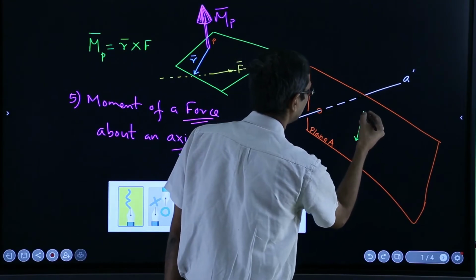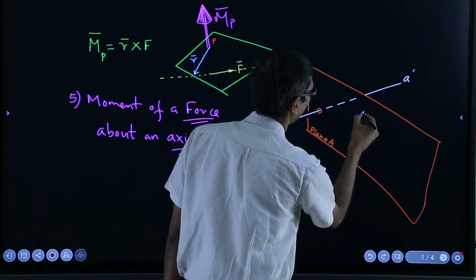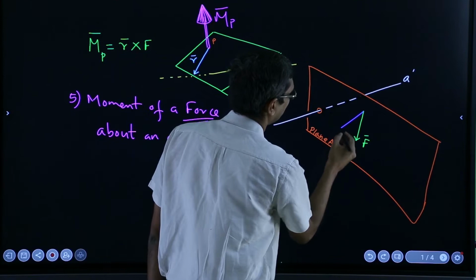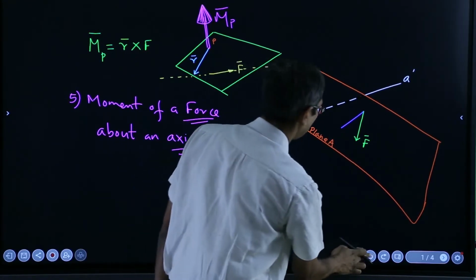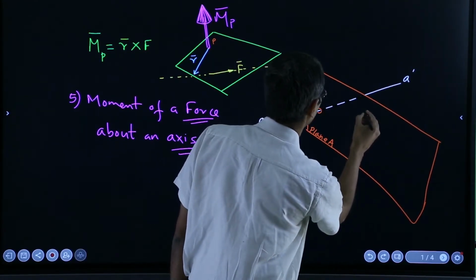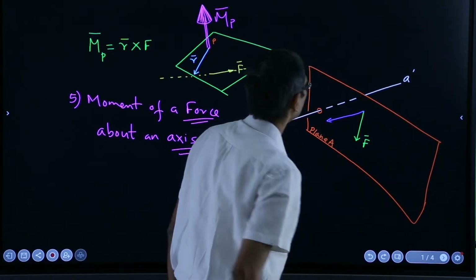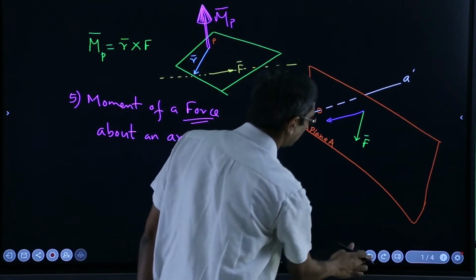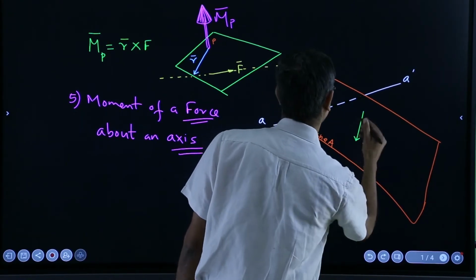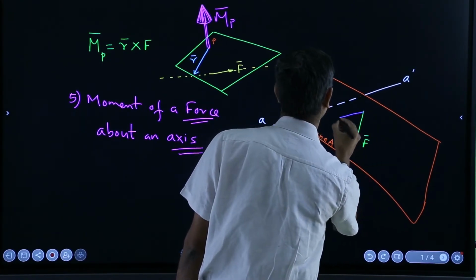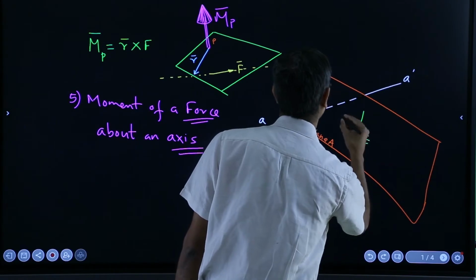Okay, so let's draw. This one, it's a bad angle of drawing. It should be parallel to this. Still, it's not parallel. At least it should be visible. Sorry for that.